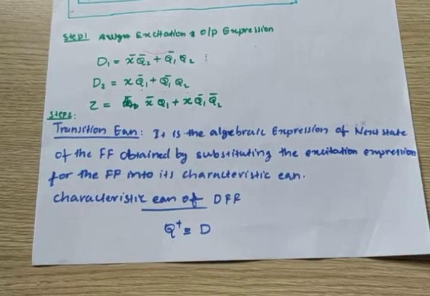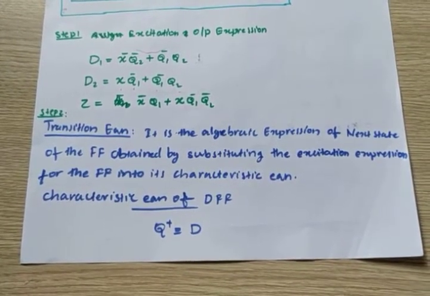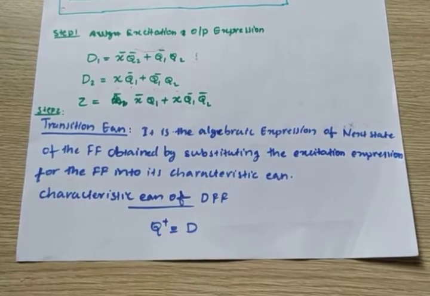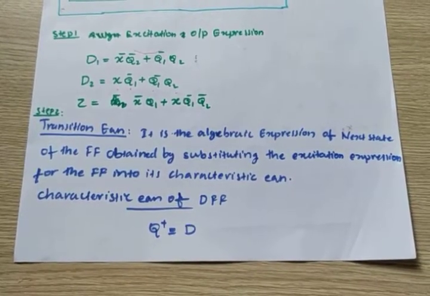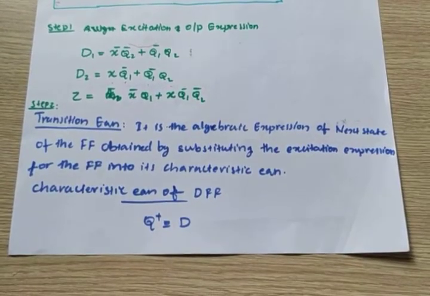Now step 2, transition equation. What is the transition equation? It is the algebraic expression of the next state of the flip-flop, obtained by substituting the excitation expression of the flip-flop into the characteristic equation.